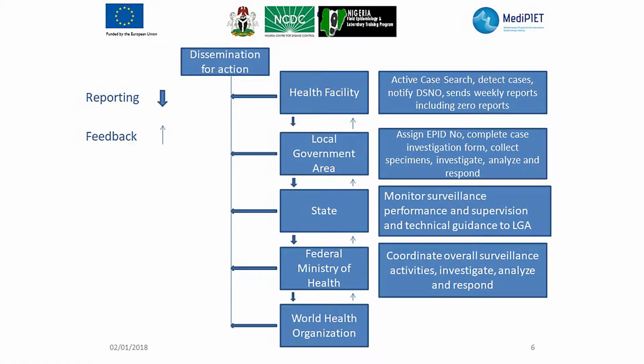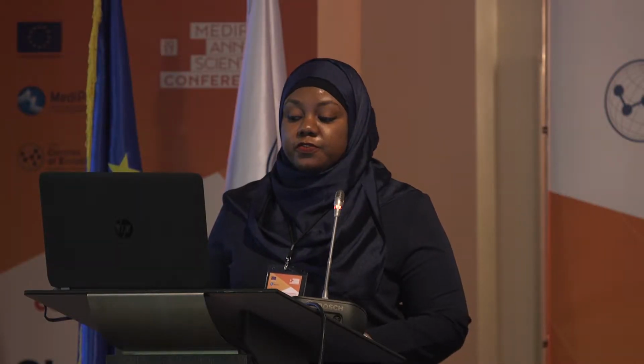This is a flow chart that describes the flow of information for measles surveillance in Nigeria. Information is gathered from the health facility and transmitted to the local government area. And from the local government area, it is transmitted to the states. And from the states, the information goes to the Federal Ministry of Health.